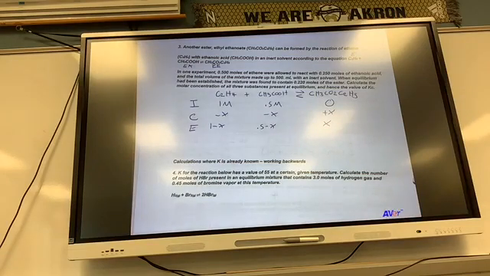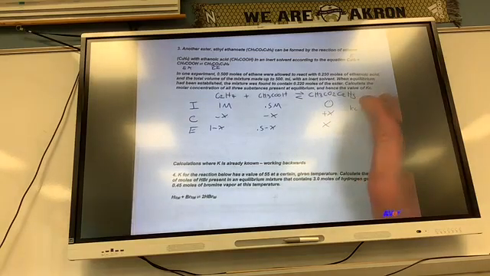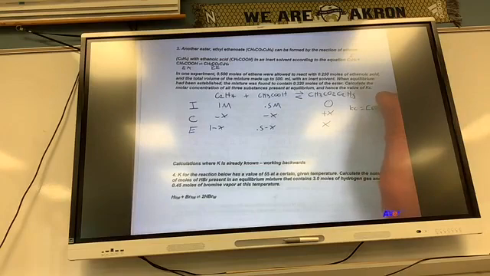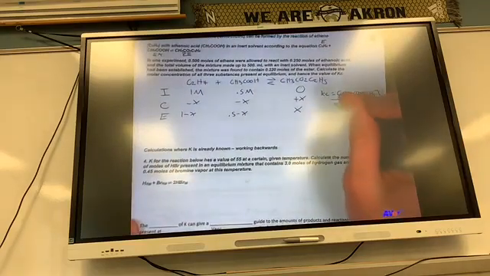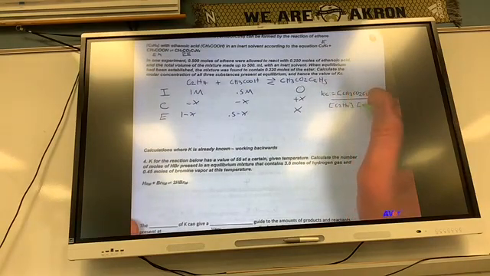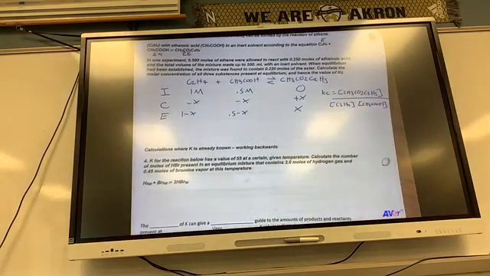So, next step, write my Kc. Kc is equal to the concentration of CH3CO2C2H5, that's my product, divided by the product of the concentration of C2H4 times the concentration of CH3COOH. Do I have any other information here?